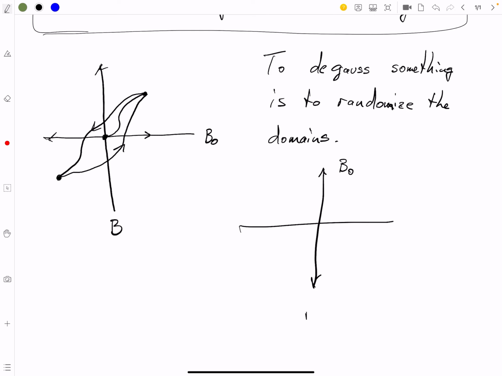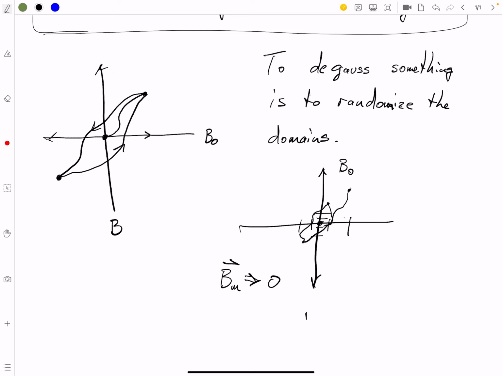And I don't even know how I'm going to draw this picture, but you're here, and it gradually brings you down here. Anyway, you keep twisting it, and you keep doing smaller and smaller B fields as you go, and eventually your net B field will shrink, will go to 0.